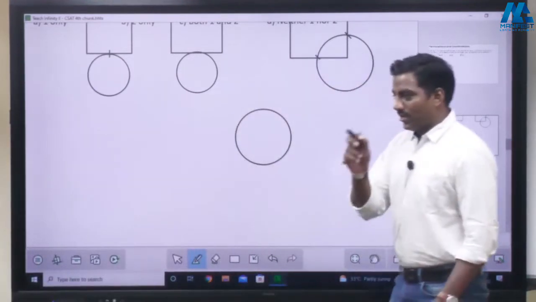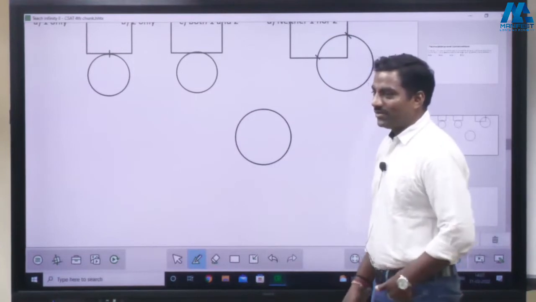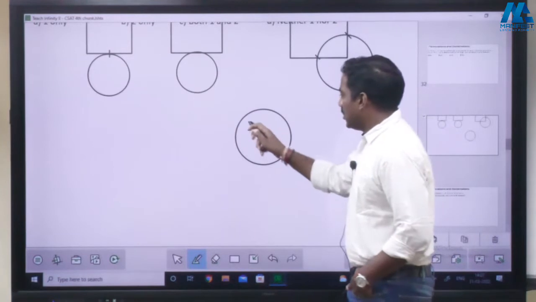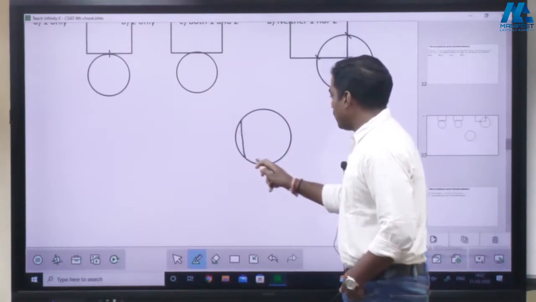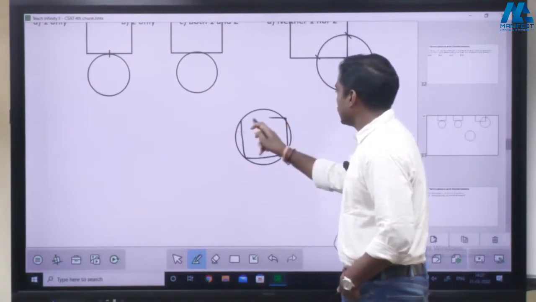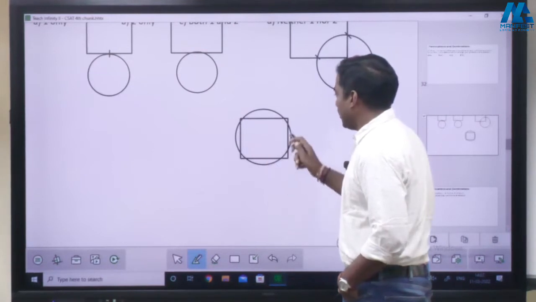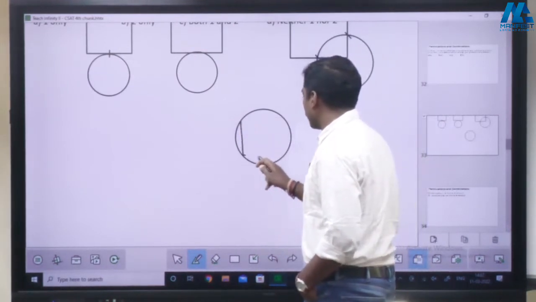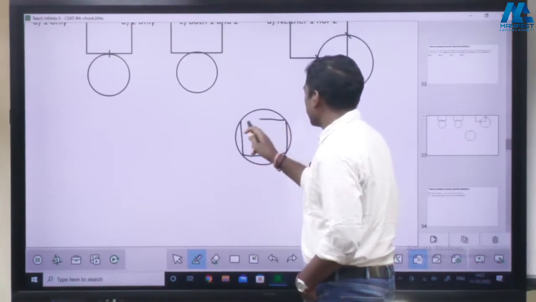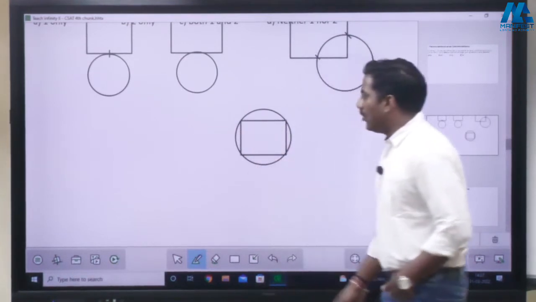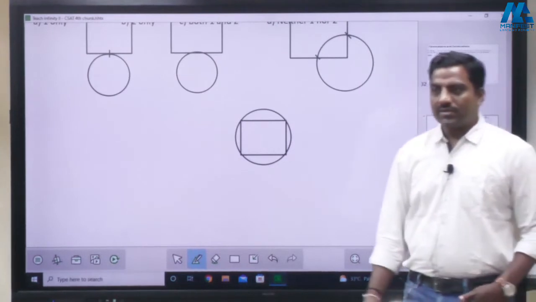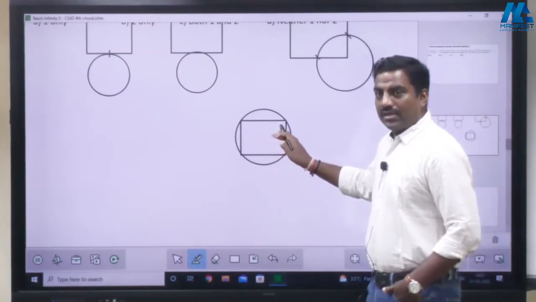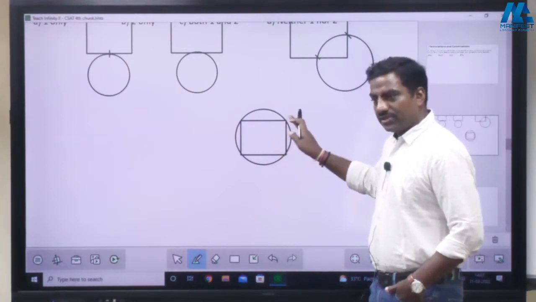But that has to be a square. Is it a square? See, when you take a square, the minimum possible thing, this is not. When all 4 are touching, it can be a rectangle, it can be a square also.